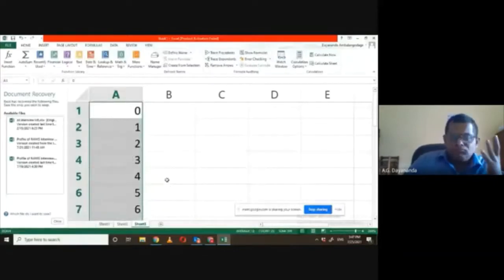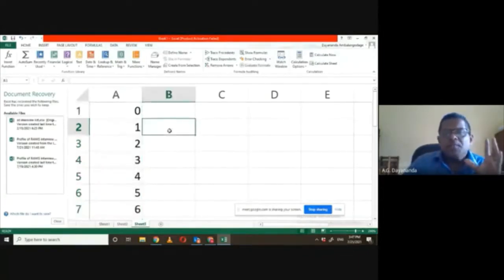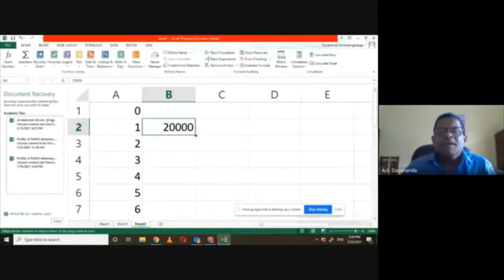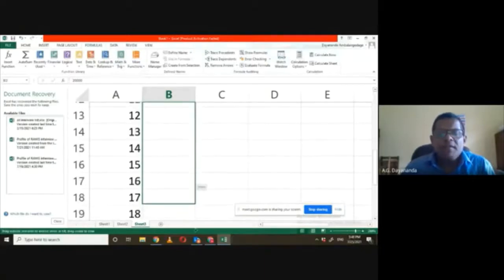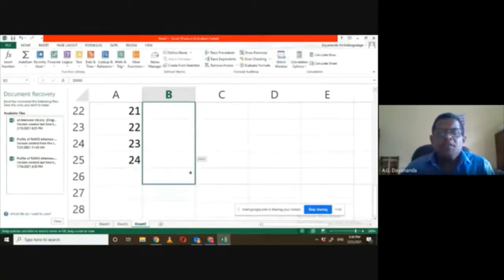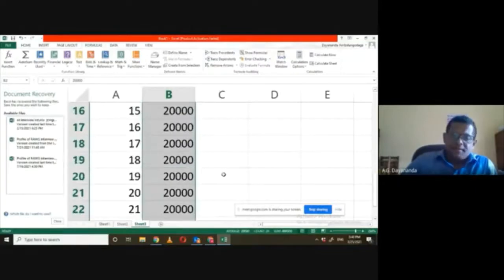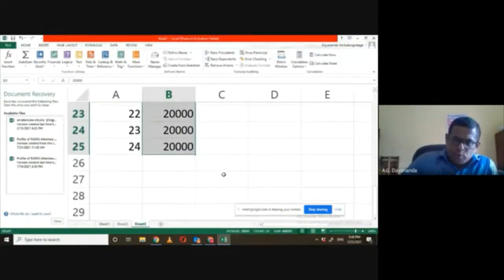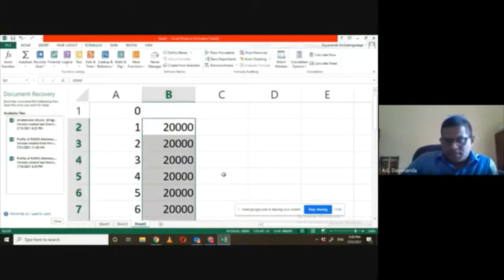If I am assuming that this cash flow is annuity general, the first deposit is 20,000. First 20,000 is at the first month end. Likewise, each month end, for 24 months, you are making these deposits. That is the idea. So you will get 24 deposits.